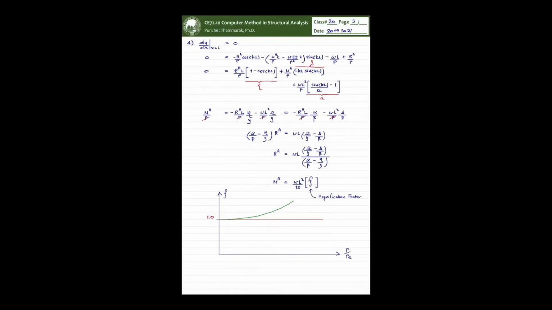Here I just showed you the case where your beam is subjected to the axial compression. You do the axial tension for yourself. Okay, that is, well, aka homework.